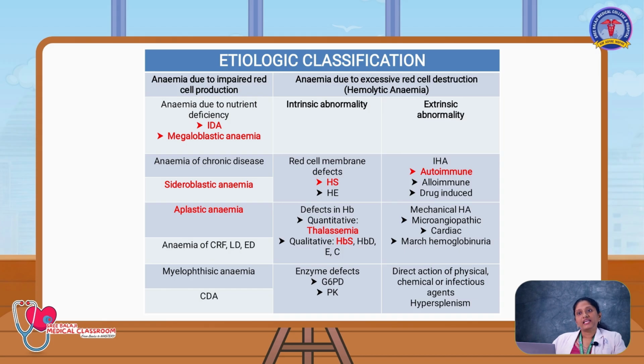We further have mechanical hemolytic anemias, the most common of which is microangiopathic hemolytic anemia, which is a common complication of disseminated intravascular coagulation. Some patients with cardiac prosthetic valves can develop cardiac hemoglobinuria, and soldiers can develop march hemoglobinuria. There are also direct actions of physical agents, chemical agents or infectious agents which can cause hemolysis, and hypersplenism is also a cause of hemolytic anemia.